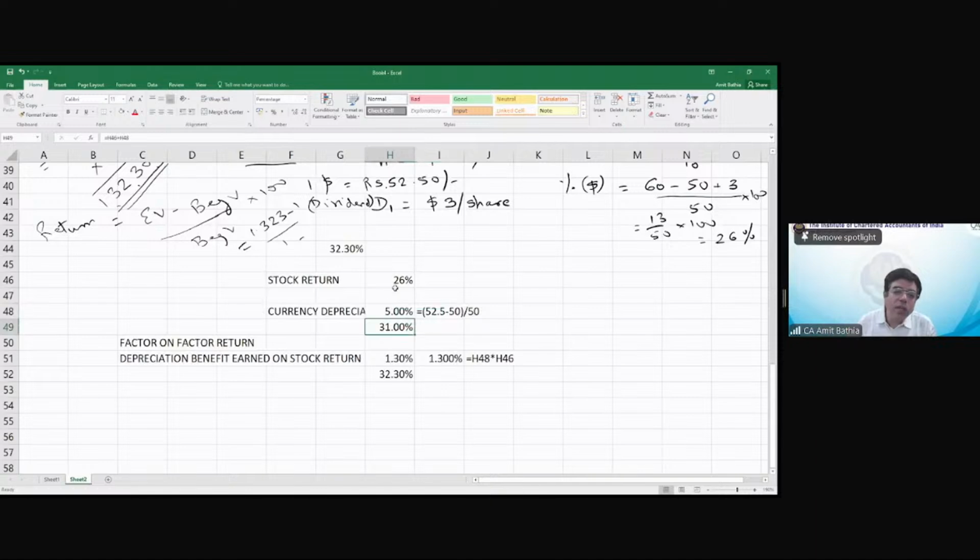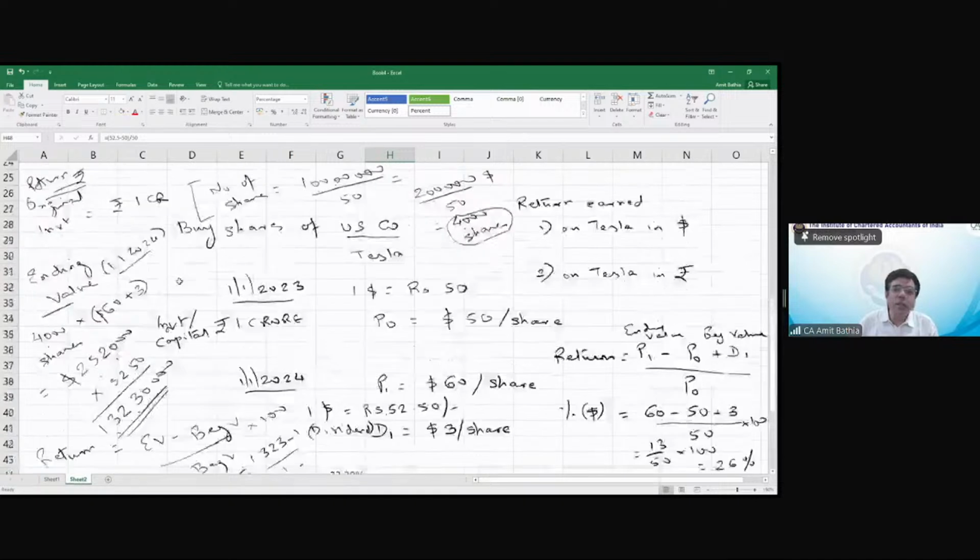So the total return I should have been getting is 26 and 5, 31%. But what I got was 32.3%. From where did this 1.3% difference arise? You got the benefit of currency depreciation not only on your original investment of $200,000, but also on the return which you had earned.